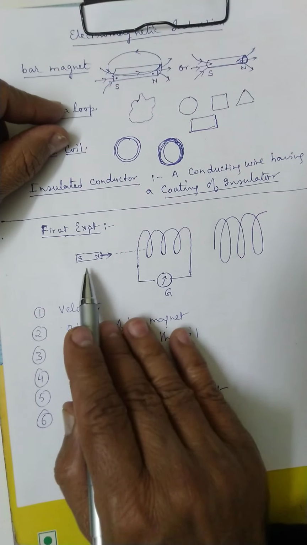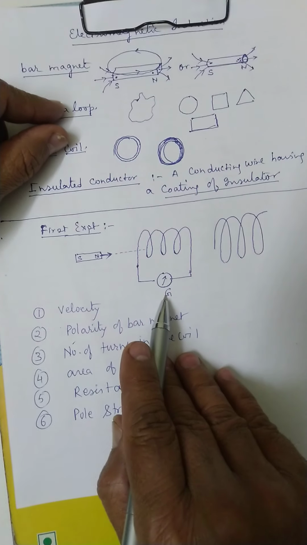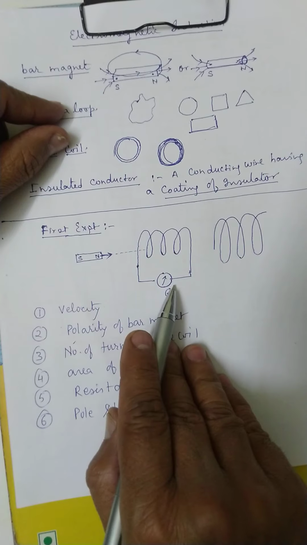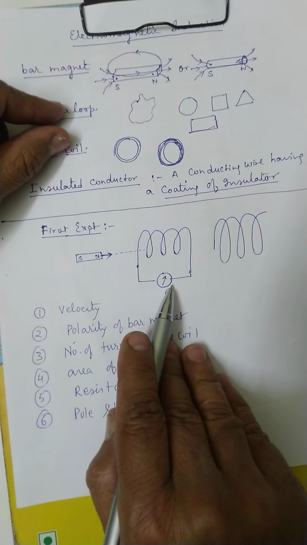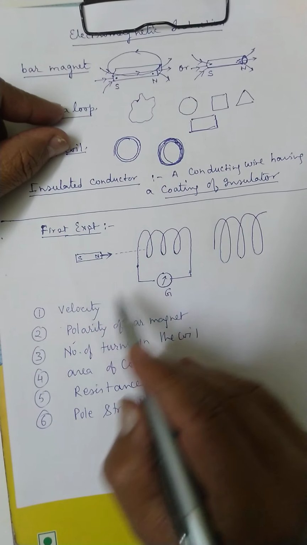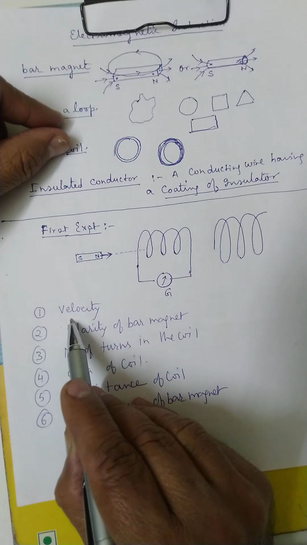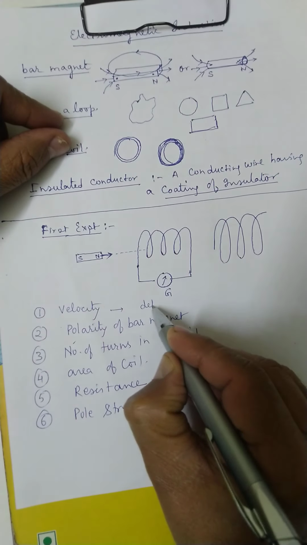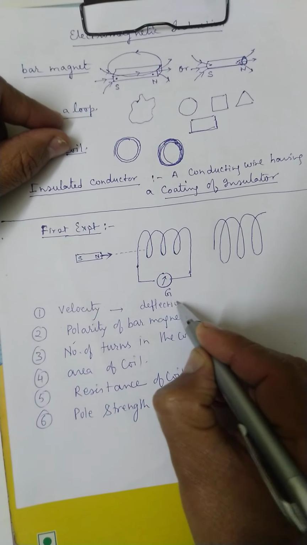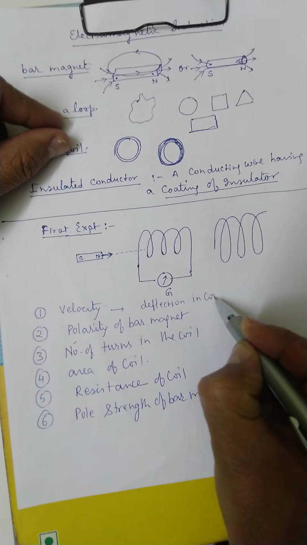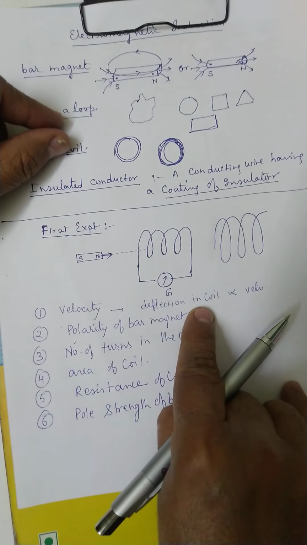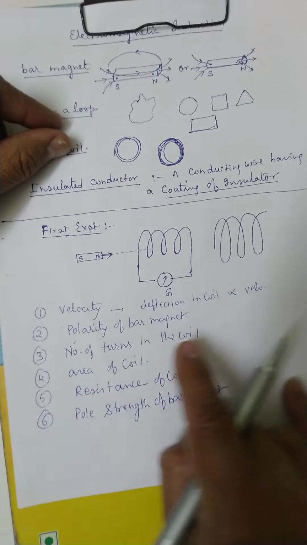If there is acceleration, the velocity is continuously increasing, and then the deflection will continuously increase. So deflection is proportional to velocity. Deflection in the coil is proportional to velocity. Larger the velocity, more is the deflection.